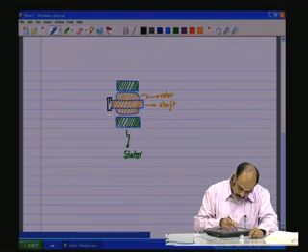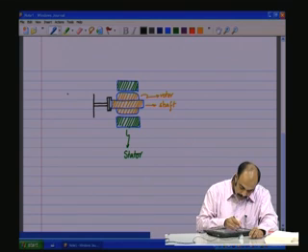is coupled mechanically to a prime mover, and that prime mover can be anything, and let us say we have connected it to an ICE engine.